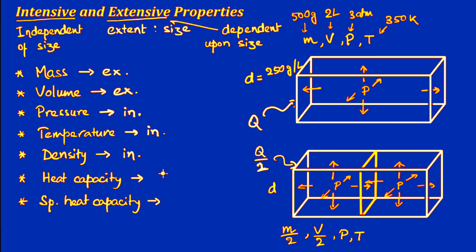Similarly, if we have a glass of water and a bucket of water, we need more heat to raise the temperature of the bucket by 1 Kelvin. So heat capacity is an extensive property. Why? Because it changes with the change in the amount of the substance, and it is a size dependent property.